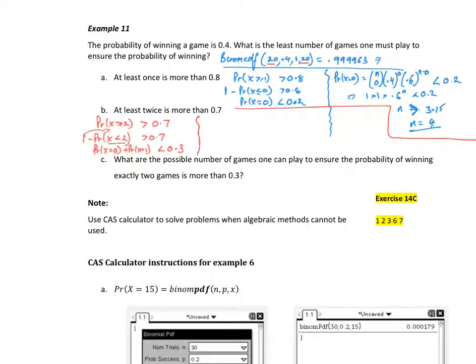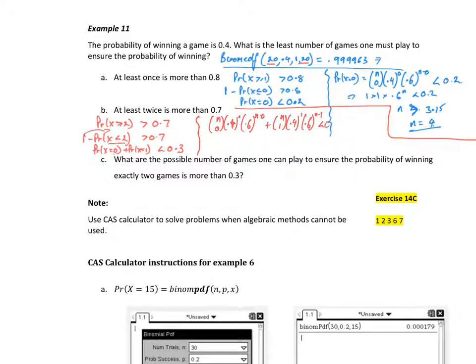So using my binomial formula, I know I've got n trials, 0 successes, 0.4 to the 0, 0.6 to the n minus 0 failures, plus 1 success, which is 0.4 to the 1 times 0.6 to the n minus 1.